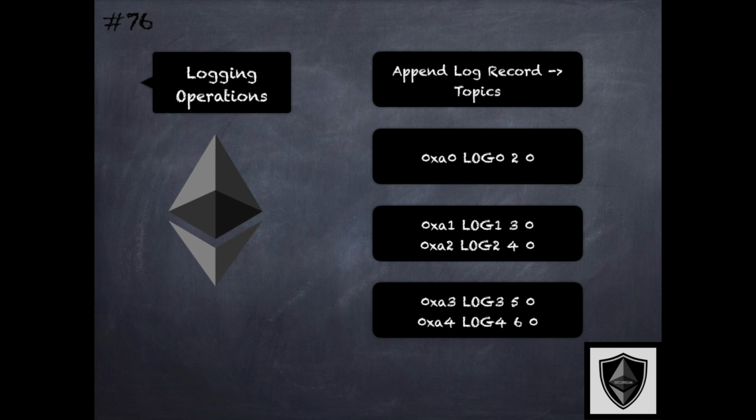So the log itself refers to the event that is fired from within the context of the contract, and in the event, the different parameters can be specified as either being indexed or non-indexed. Indexed parameters go into the topics part of the log, and the non-indexed parameters go into the data part of the log.